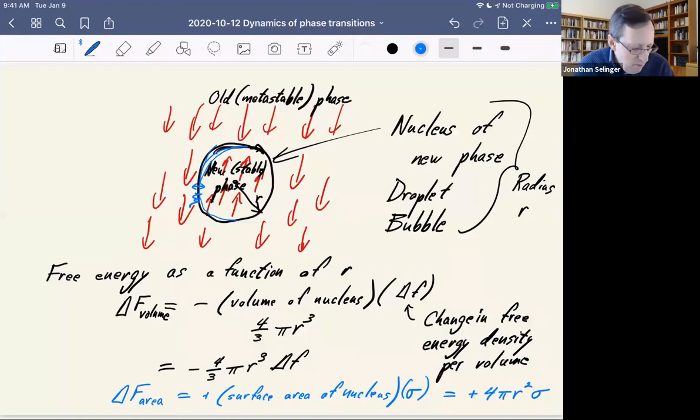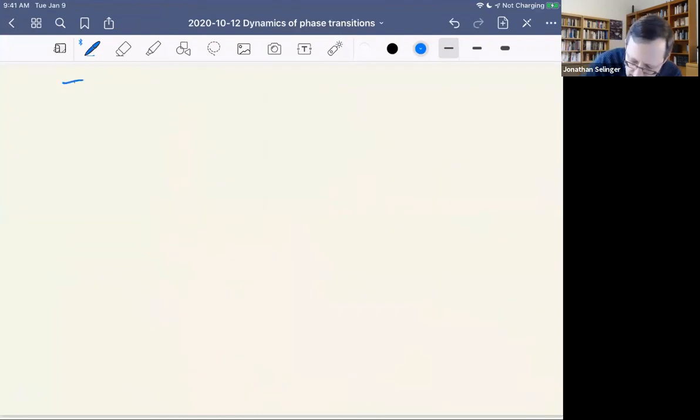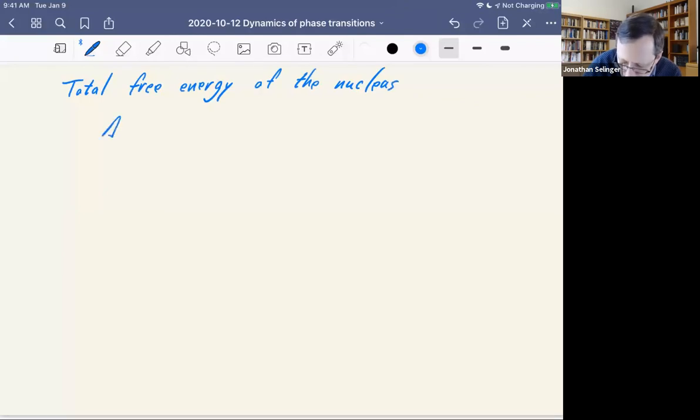So we can put those two pieces together to get the total free energy of the nucleus. That is a delta F, which is a function of the radius of the nucleus.